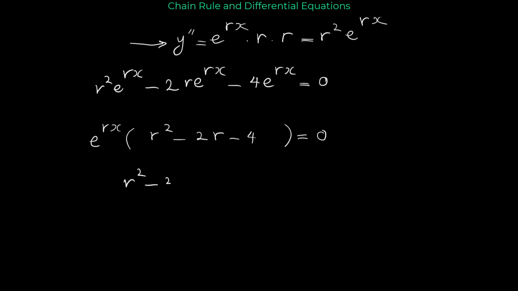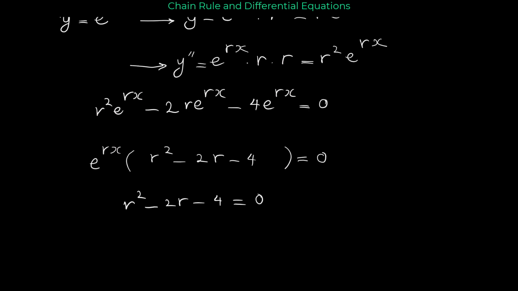So r to the 2 minus 2r minus 4 equals 0. For solving this quadratic equation, we can use the factoring method, the completing the square method, or the quadratic formula. But because factoring this quadratic expression is a bit difficult, it's better to use the quadratic formula.